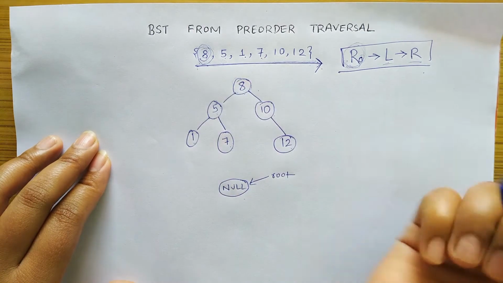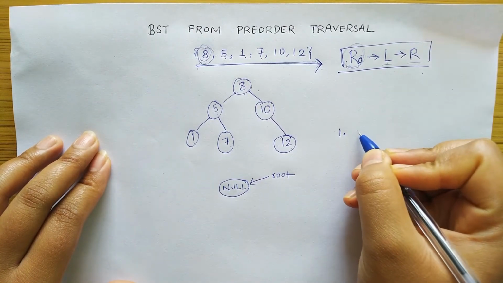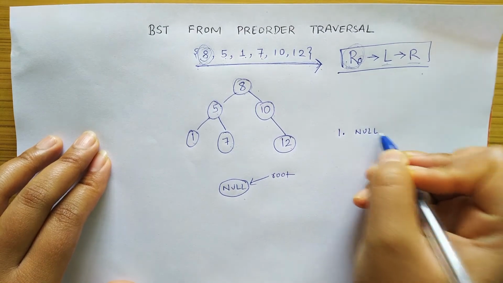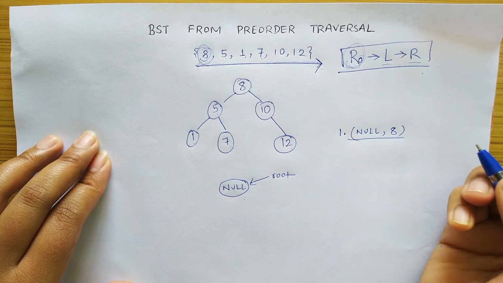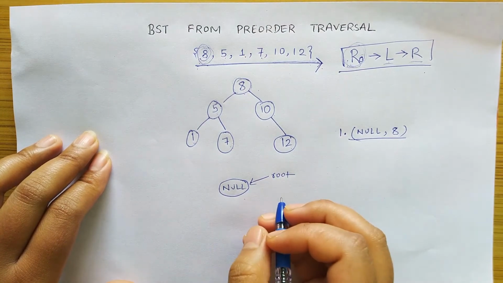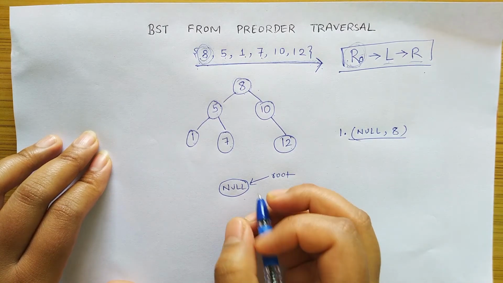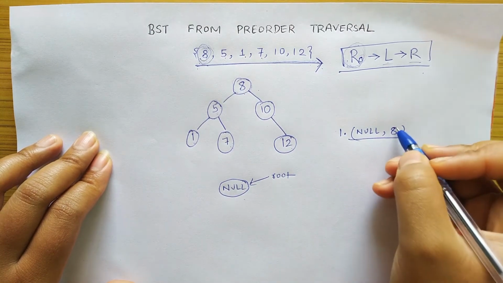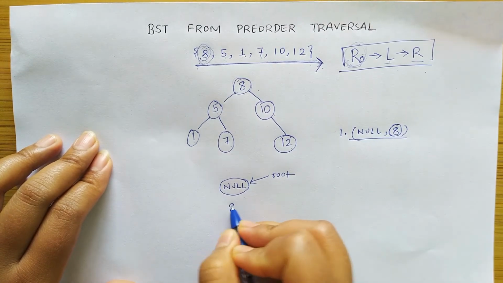So in the first iteration we will send our null root and our 8. If the root is null, it will simply create a new node and insert this value. So we will now have root as 8.